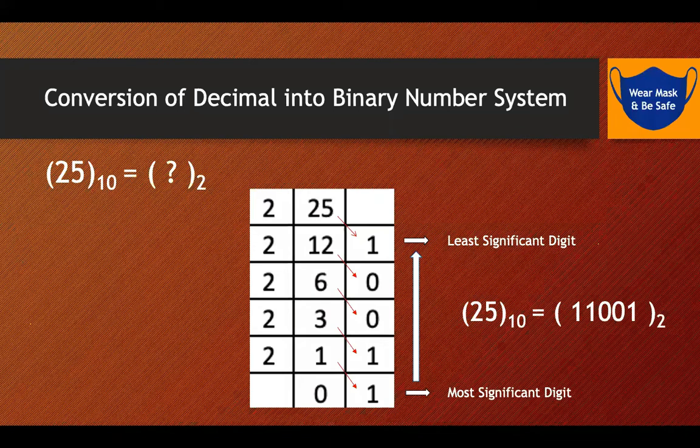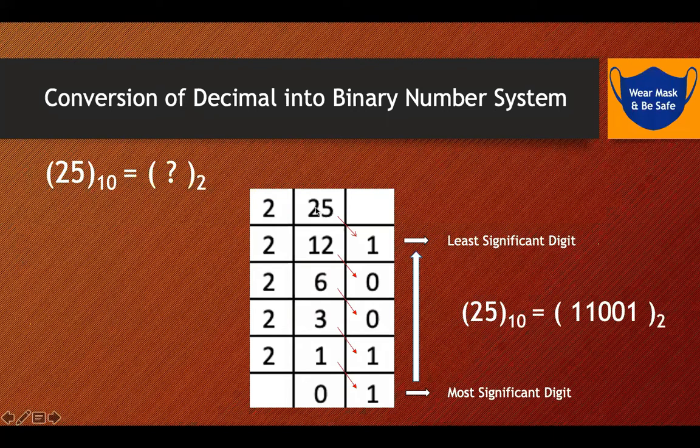Every time, whatever the remainder is, we write it down. Until the quotient is 0, we keep dividing the number by 2. Is it clear? Now, you can see here I have written 2 and here 25.